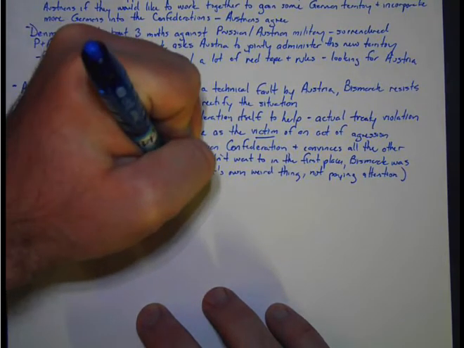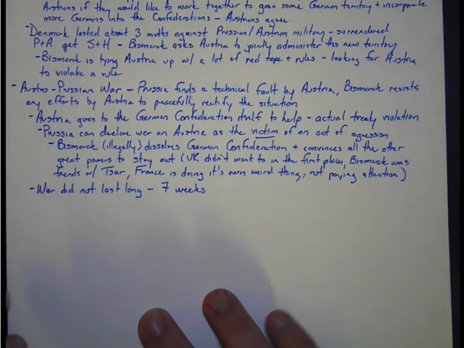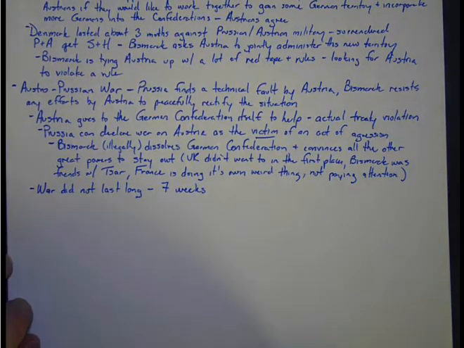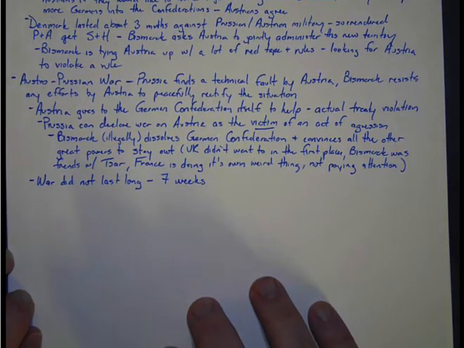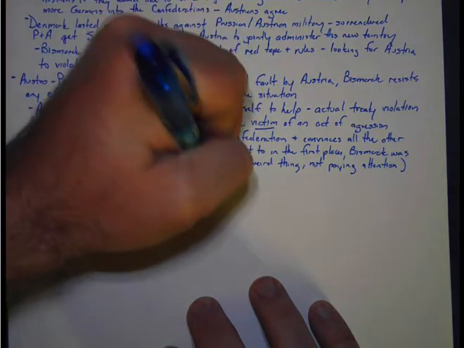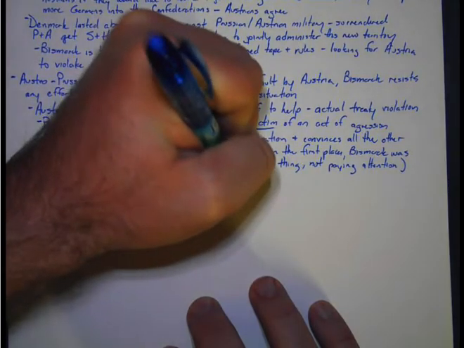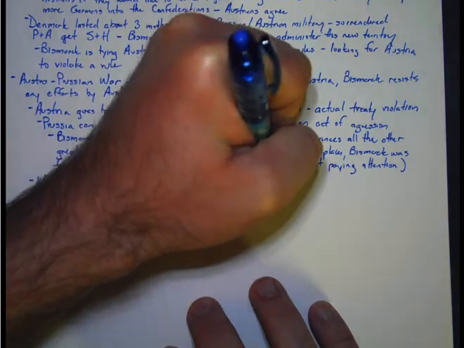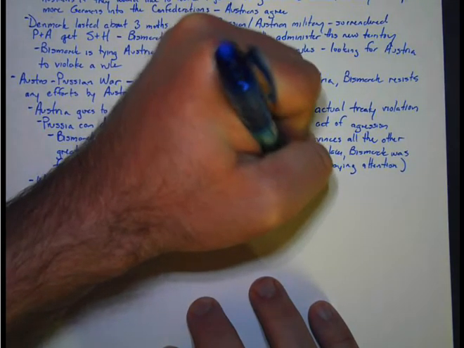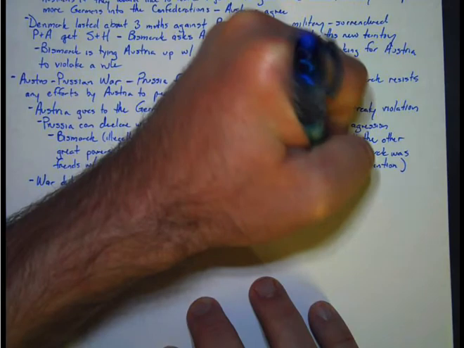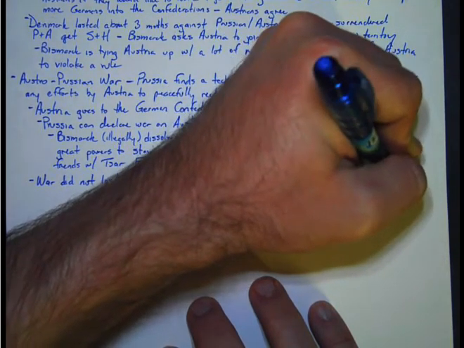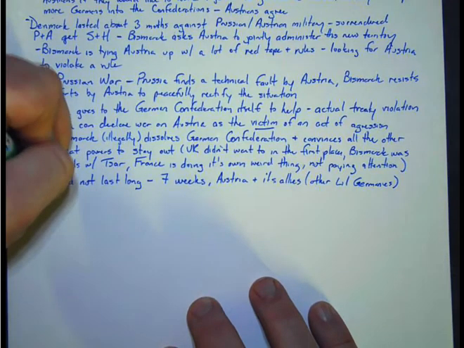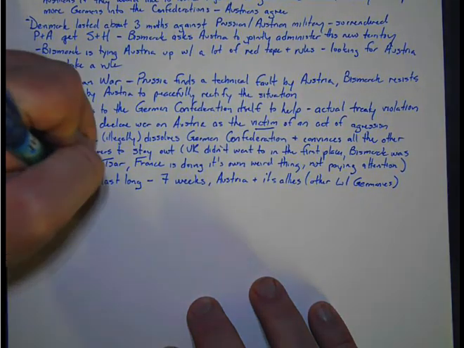It was about 7 weeks, so a little less than 2 months. Austria and its allies, which were pretty much just some other little Germanys, were quickly defeated.